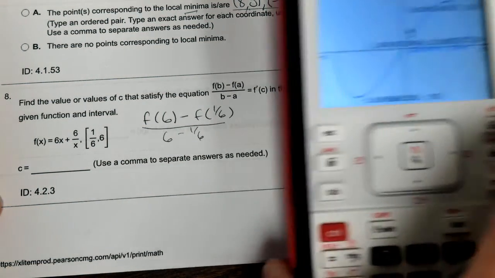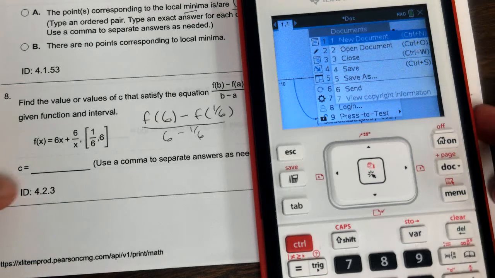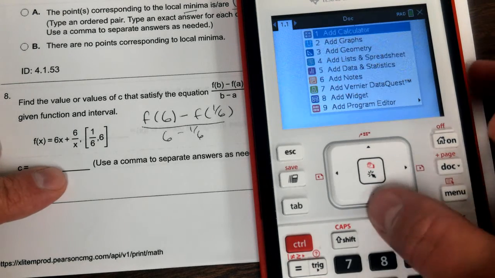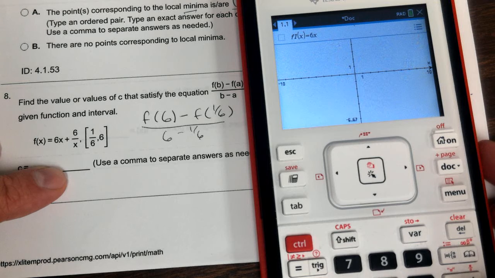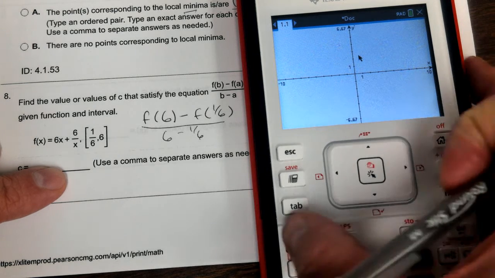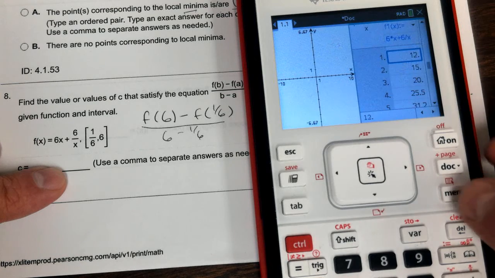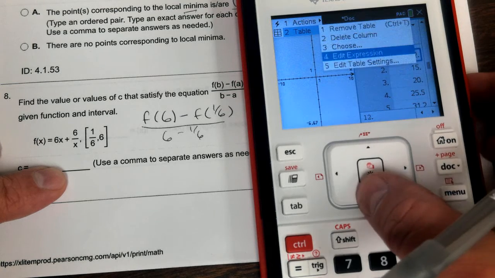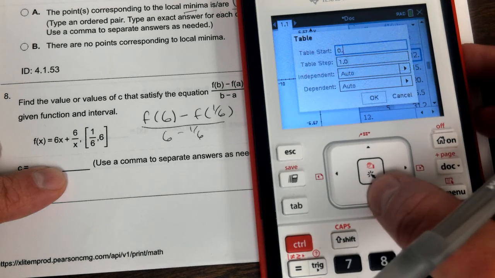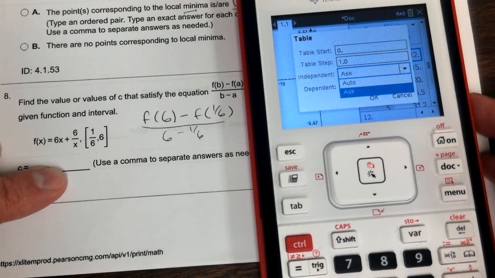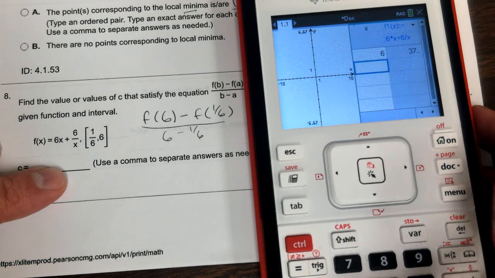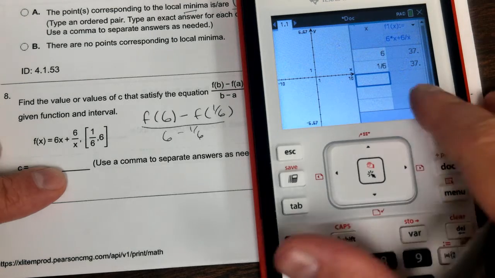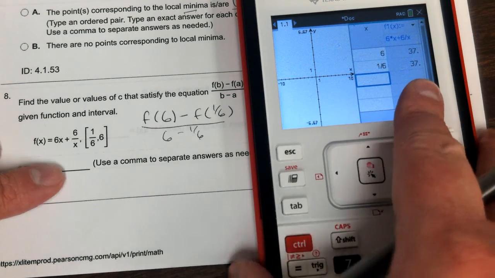And for this one, I would recommend just typing this in here, 6x plus 6 divided by x. Go to your table and change your setting to be independent to ask, and put 6 and put 1/6, and in both cases you get 37.